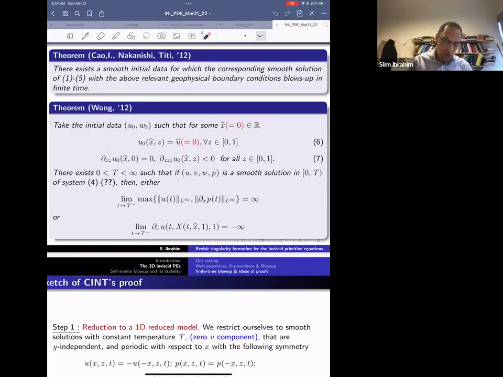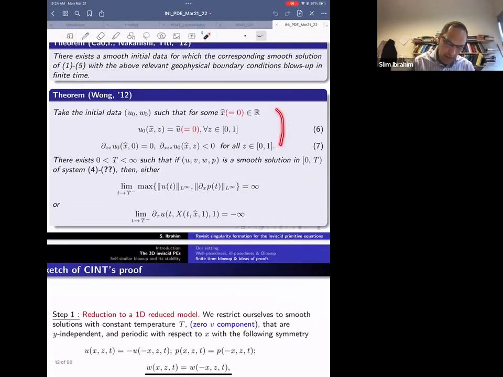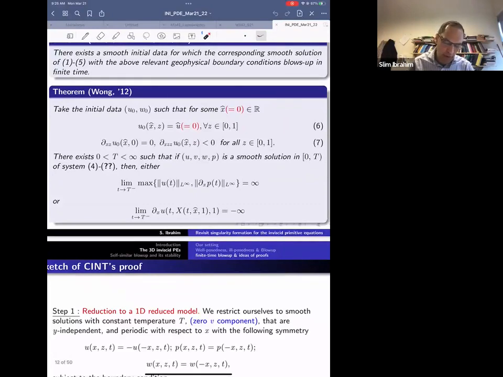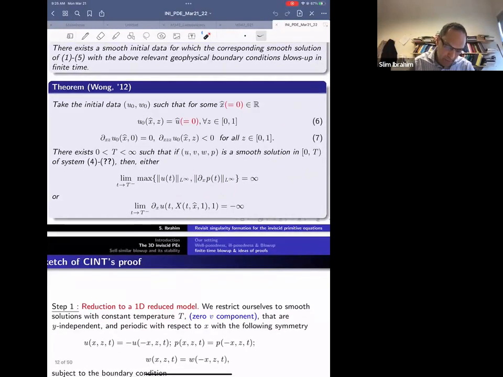Okay, so if you take this initial data, and if you assume a priori that the solution does not blow up in the infinity norm, nor does the pressure blow up in the infinity norm, in other words, the acceleration does not blow up either, then he can show that the x derivative goes to minus infinity along a trajectory.